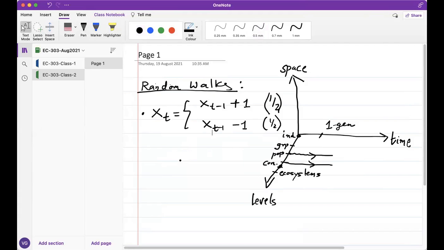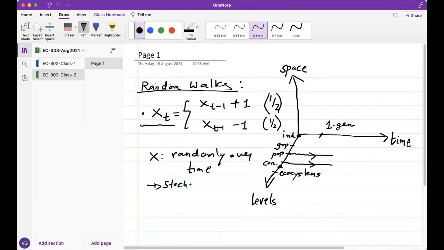So probability plays a really important role. Variables that change randomly over time, we usually call stochastic variables.